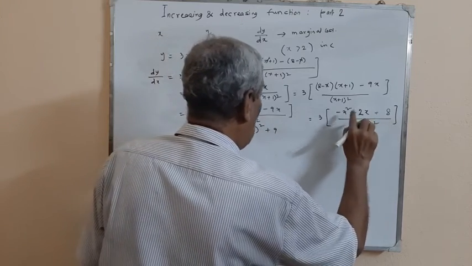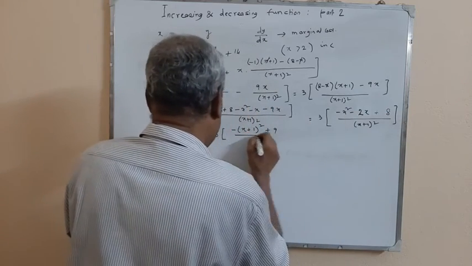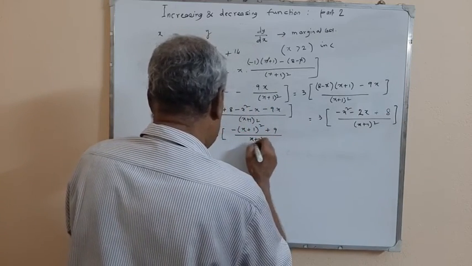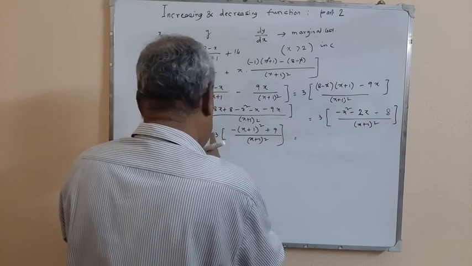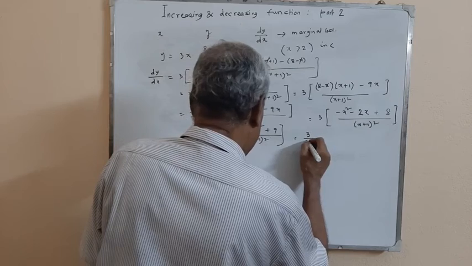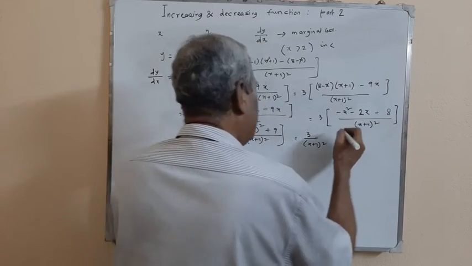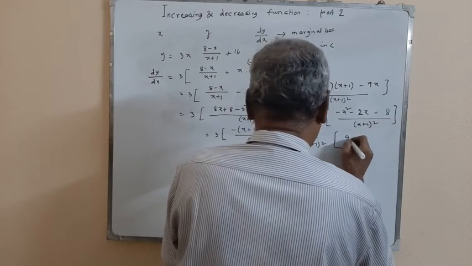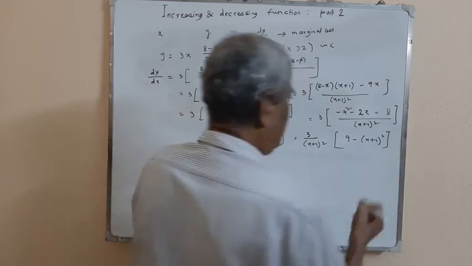I have added 1 and subtracted 1, divided by x plus 1 whole square. Now you see, this is positive. 3 by x plus 1 whole square is positive. And here is 9 minus x plus 1 whole square.